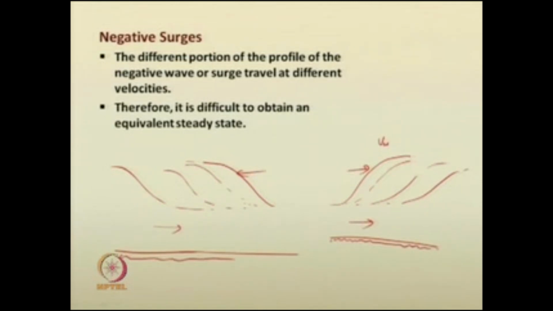So, the velocity of the wave at this location and at that location are quite different. Based on the flow depth, the velocity of wave will also change, so you will not get a constant velocity for the wave. It is quite difficult to use the equivalent steady state condition for such problems.